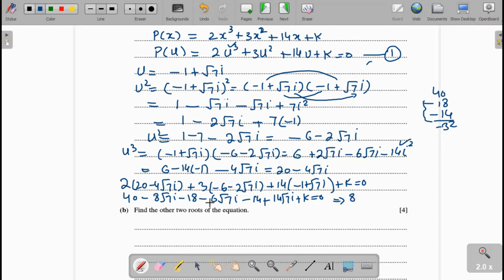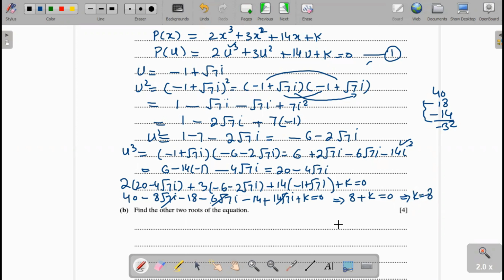And the terms minus 8 minus 6 plus 14 square root of 7i will cancel. We get 8 plus k equal to 0, and then k will be equal to minus 8.